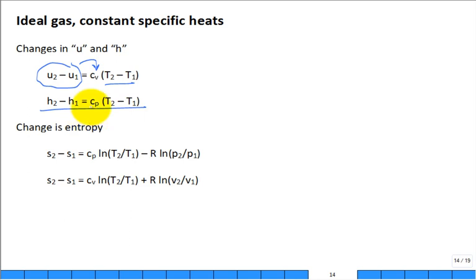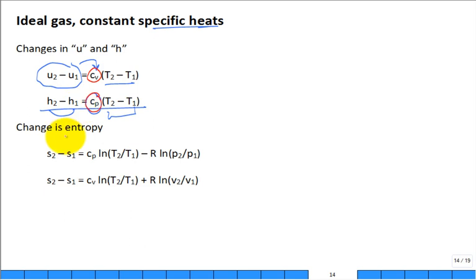If constant specific heats, the change in enthalpy is C sub P delta T. So sometimes you use C sub V, sometimes you use C sub P: C sub V for changes in internal energy, C sub P for changes in enthalpy.